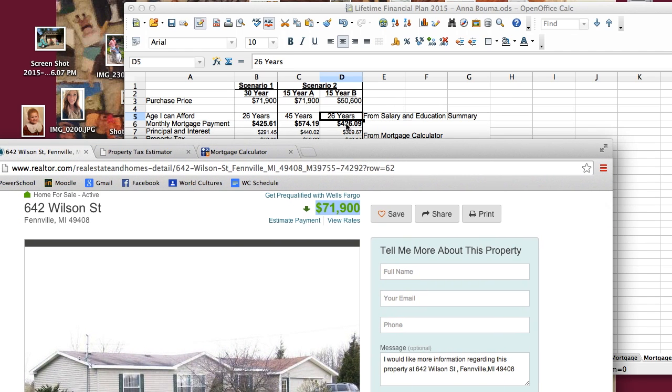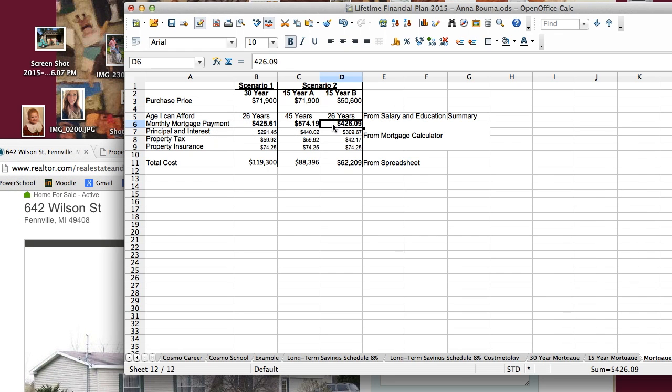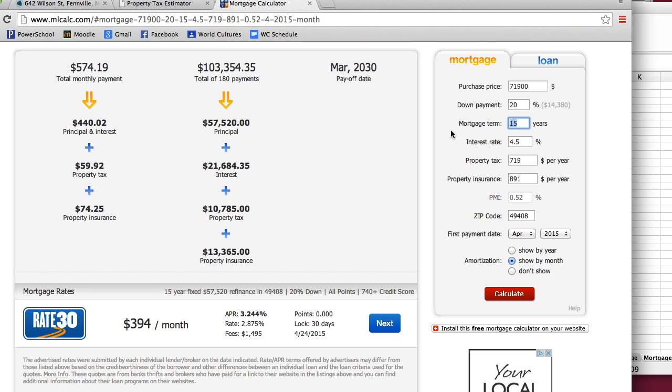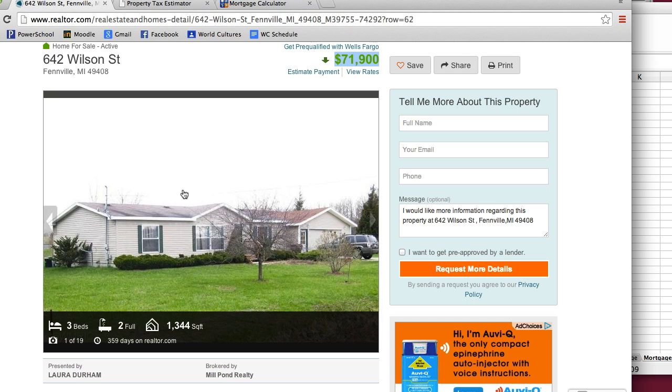So we're going to have to find a monthly mortgage payment of $426 roughly, but no more. So let's see. We're going to have to go back and look for a new house.